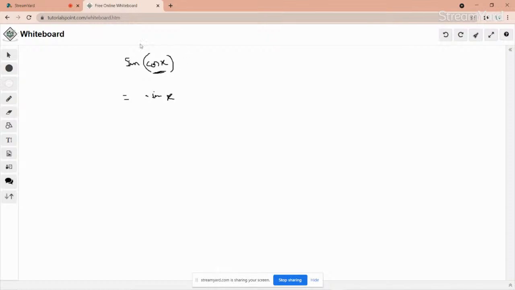And then this entire one, sine of cos x: the differentiation of sine is cos, so it will be cos of cos x. Done.